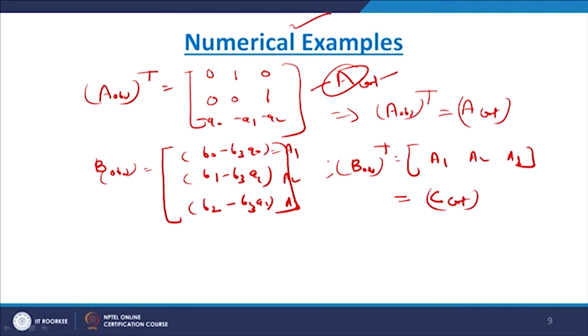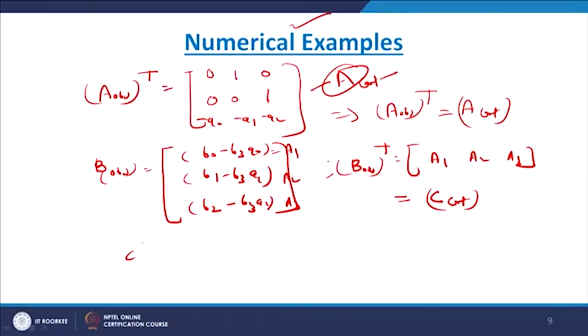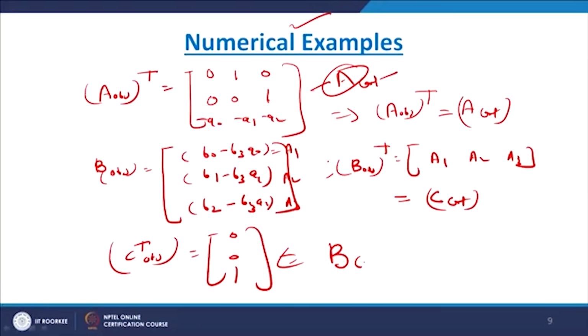Now, let us say we take this as the C matrix. So, we write C transpose observable equal to 0 0 1. So, this matrix is nothing but the B matrix of a controllable canonical form.